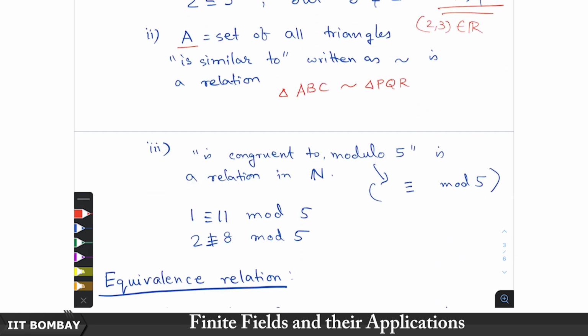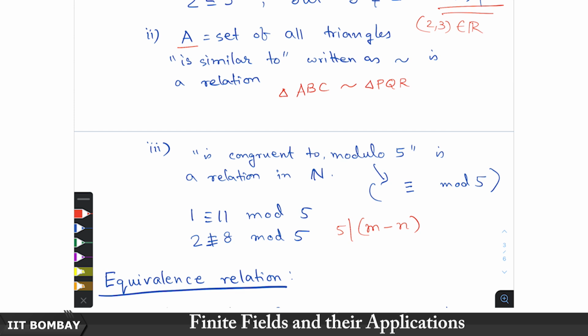Now, here is another relation, congruent to, congruent integers modulo some fixed integer. So, if you take for example modulo 5, then when do we say two numbers are congruent modulo 5? So, m and n are congruent modulo 5 if 5 divides m minus n.